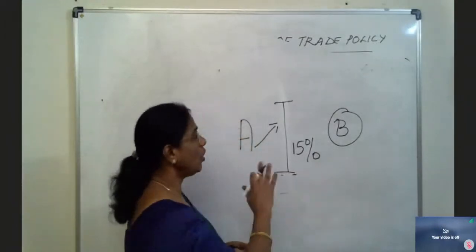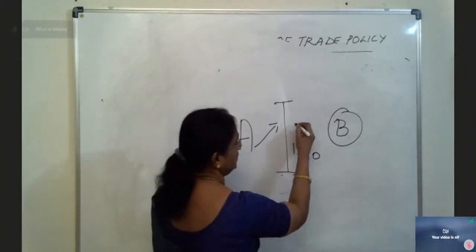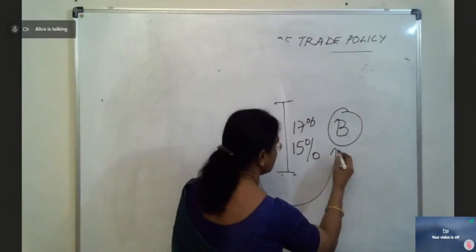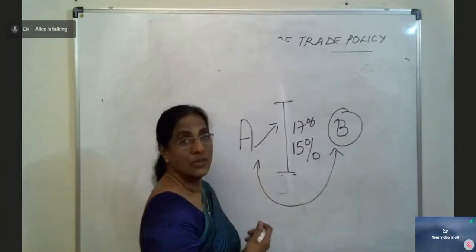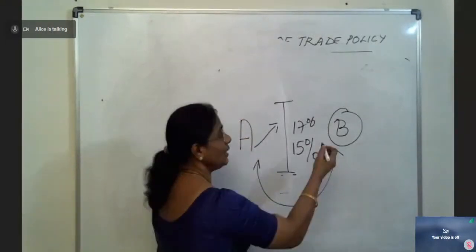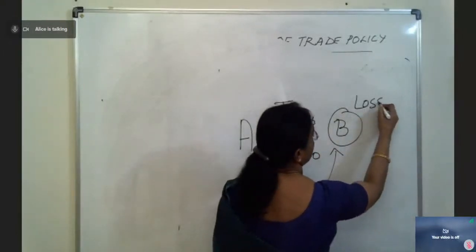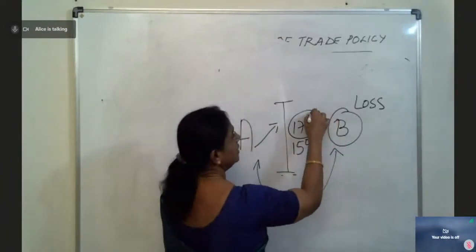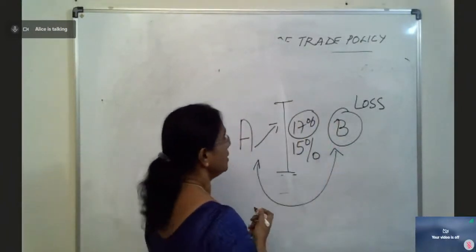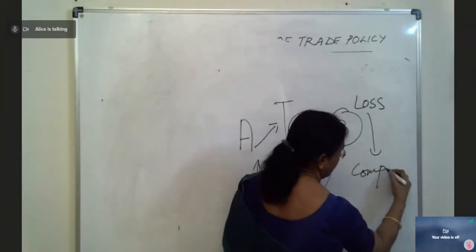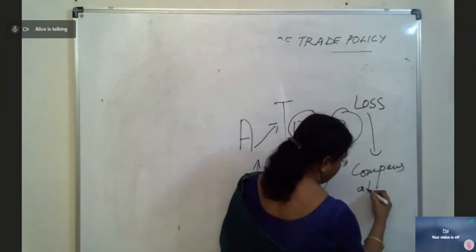If at all I want to increase from 15 to 17%, then I will have discussion with you, B. I will negotiate, and any loss that B incurs because goods now face a high tariff should be compensated.